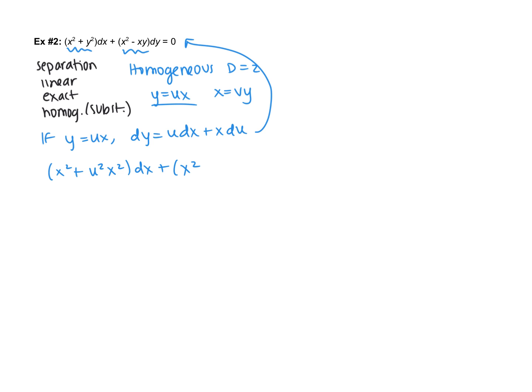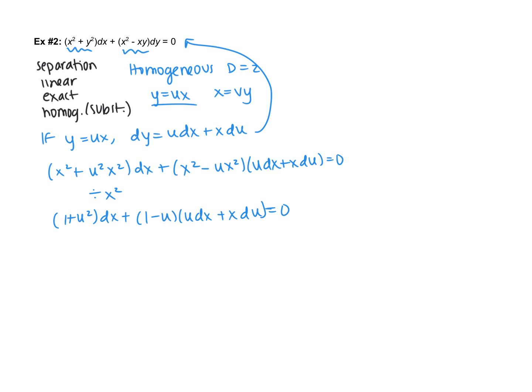We then have x squared subtract u x squared times u dx, add x du is equal to 0. And then if you remember, the next thing we did is we divided by x squared because we're of degree 2. So we then have 1 add u squared dx, add 1 subtract u dx, add x du is equal to 0.